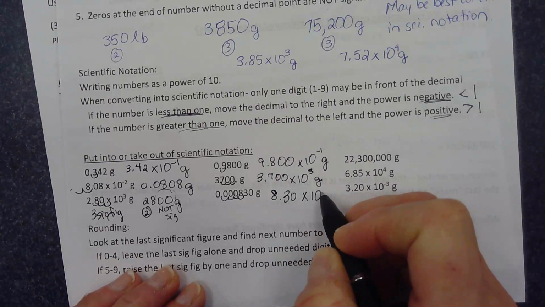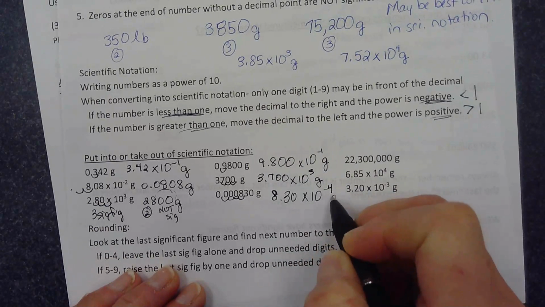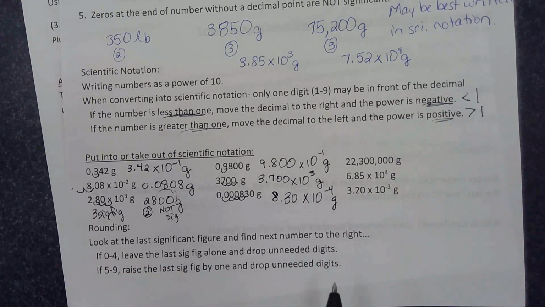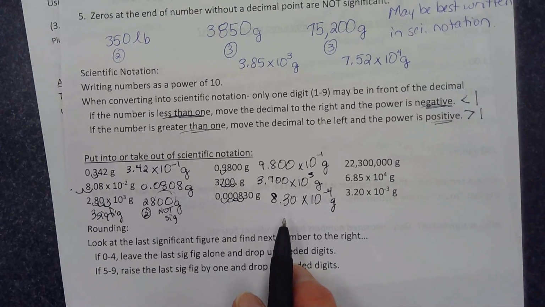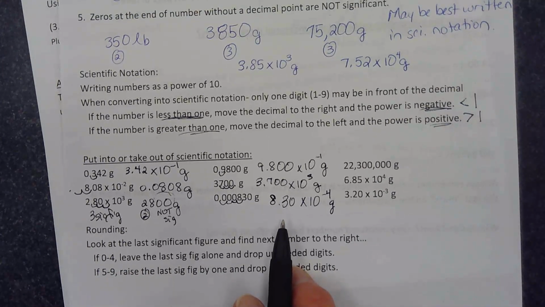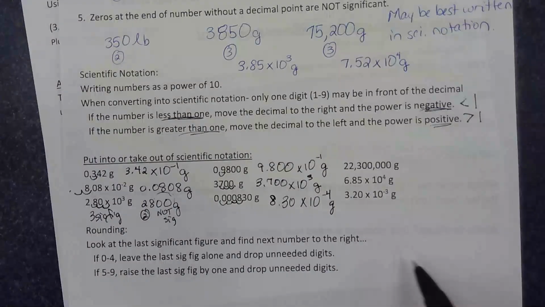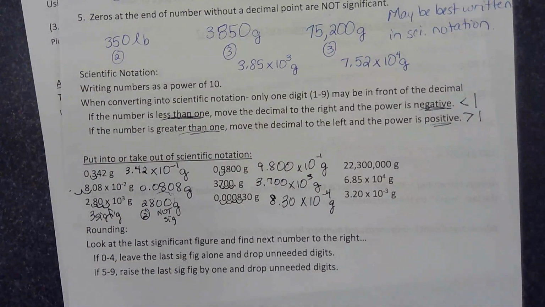Negative or positive? -4 grams. Does this show 3 significant digits better? Yes, this shows 3 significant digits much better. Okay? Question on this? All right, you do those 3 right now.